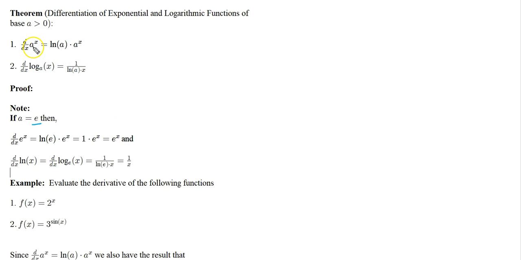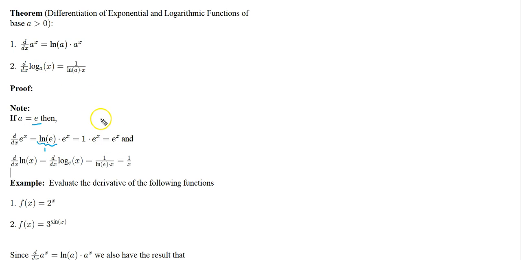So notice if I put an e in place of the a here and here, we get d dx of e to the x, which should be e to the x, and it is. Notice the natural log of e times e to the x is just 1 times e to the x, and we recover the formula d dx of e to the x is e to the x.